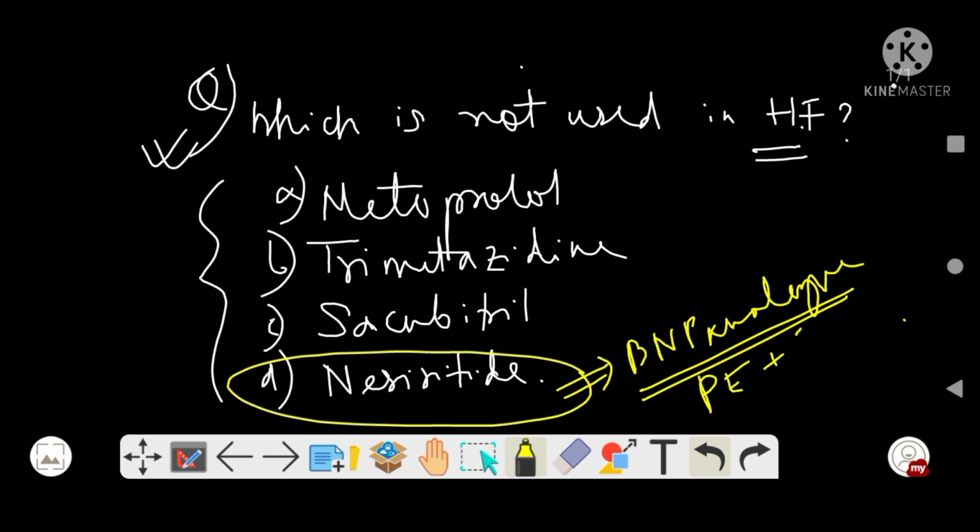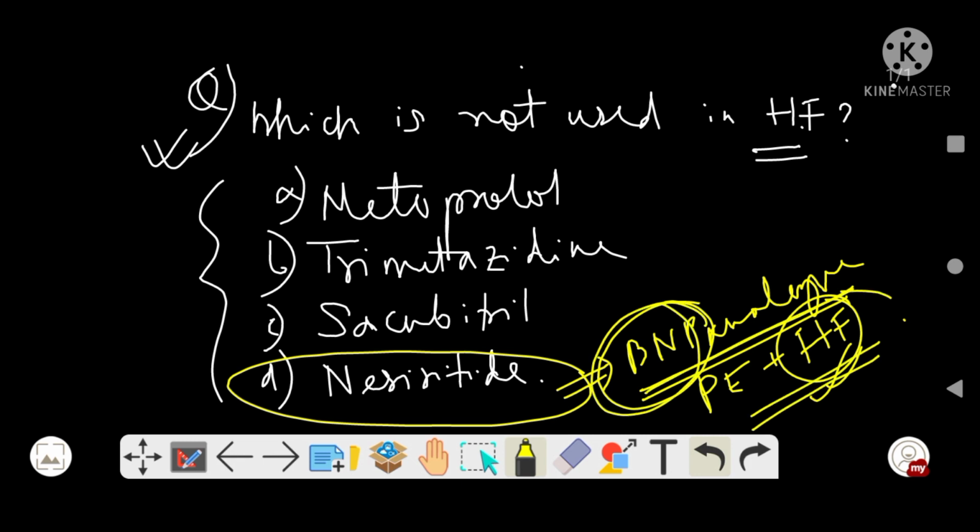Pulmonary edema plus heart failure. BNP is brain natriuretic peptide. So this is used in heart failure, and this option is correct, meaning it is used.